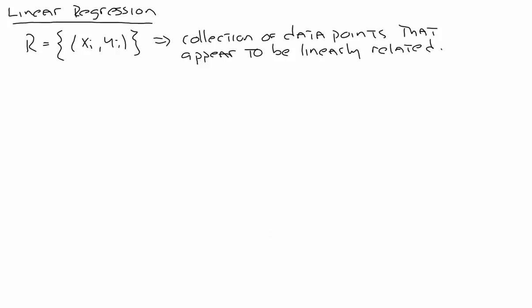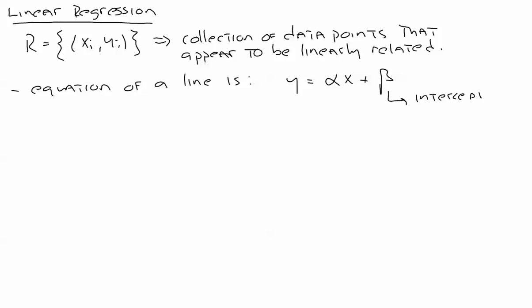Okay? Now recall that the equation of a straight line is y equals alpha x plus beta. Beta is my intercept term, and alpha, of course, is my slope. All right.